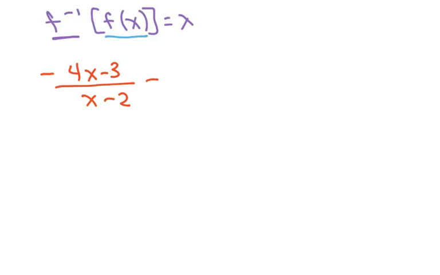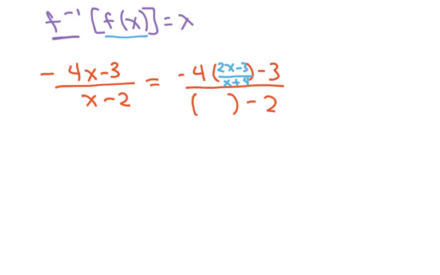So I'm going to write negative 4 and put parentheses everywhere there's an x, and I'm going to input my function, which was 2x minus 3 over x plus 4. And I'll do this again, 2x minus 3 over x plus 4.